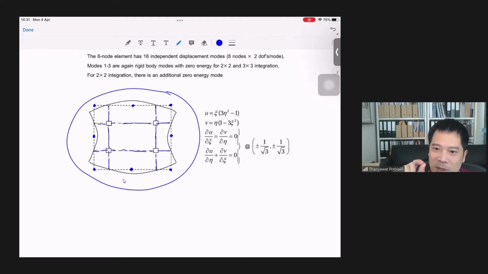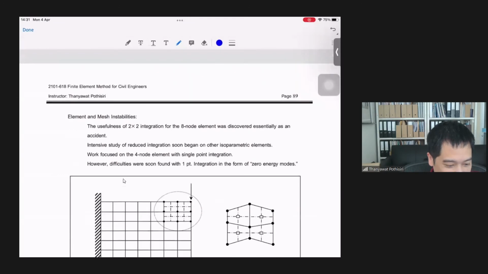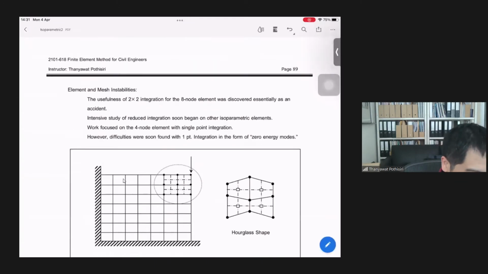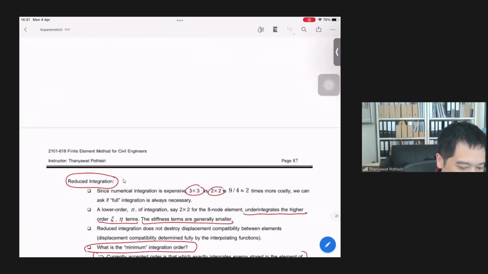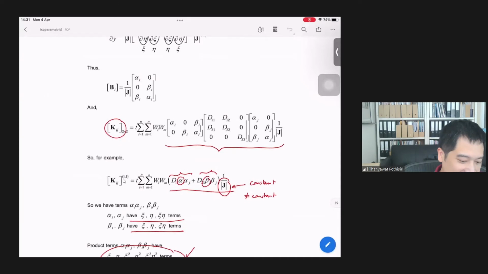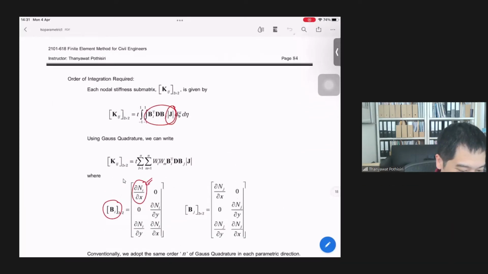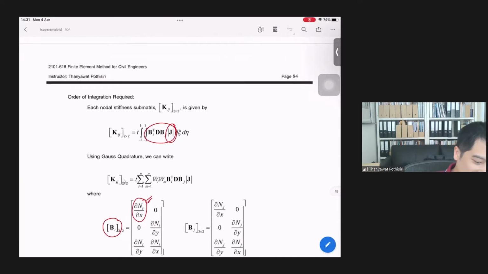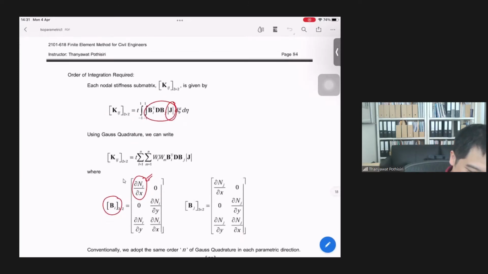So by using numerical integration, what you need to do is you compute each of the element stiffness matrix terms based on this kind of equation. Okay.